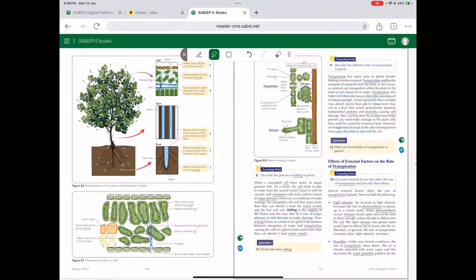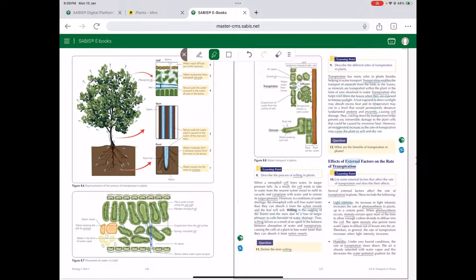Now, factors that can affect the rate of transpiration. Of course, these are external factors. Light intensity. Increased light intensity is going to increase the rate of transpiration because it wants to cool down. Okay? However, if we keep it in high intensity, it could start wilting because remember we said an exaggerated increase in the rate of transpiration causes the plant to wilt and dry out.